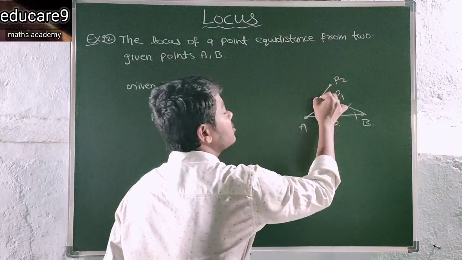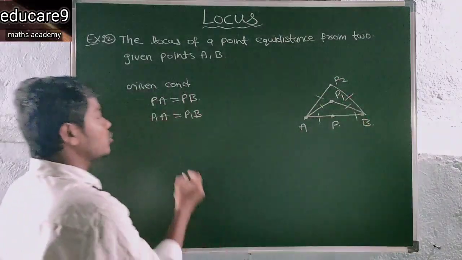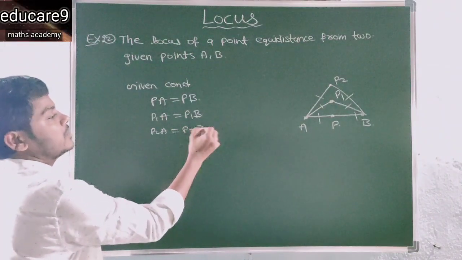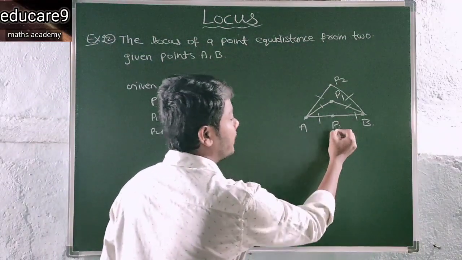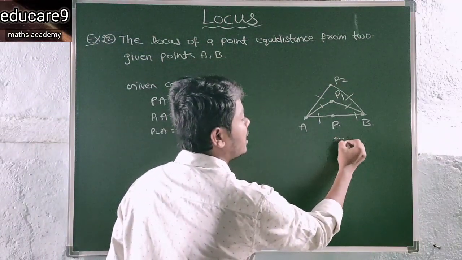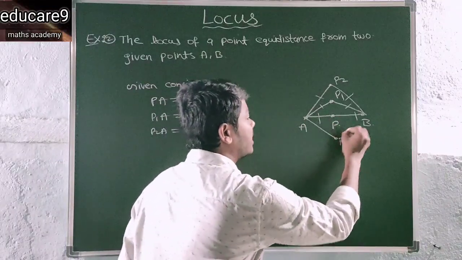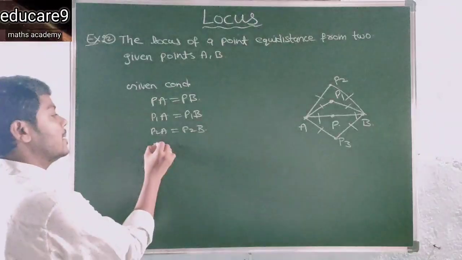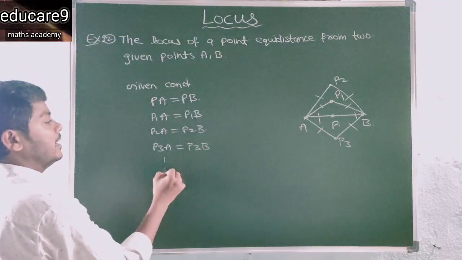So this also satisfies the given geometrical condition. That is P2A equals P2B. So for example, this point P moved from P to P3, and that point also satisfies the given geometrical condition. That is P3A equals P3B, and so on.